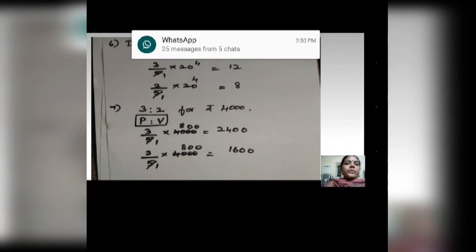Okay. Now the next question is the seventh one. The seventh question is you are going to divide rupees 4,000 in the ratio 3:2. Actually, in the sum I have written P and V. That means provisions. P for provisions and V for vegetables. In a family, they are spending rupees 4,000 every month for provisions and vegetables.